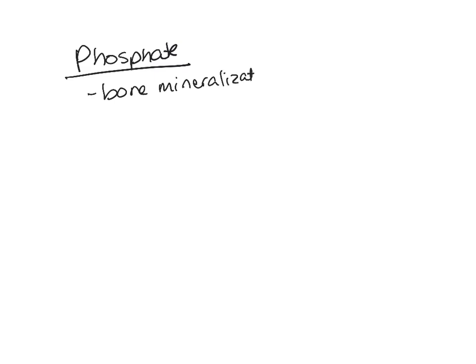We also want to look at phosphate. Phosphate is needed for bone mineralization, for ATP production, of course, because ATP is adenosine triphosphate, right? And for creatine phosphate formation.